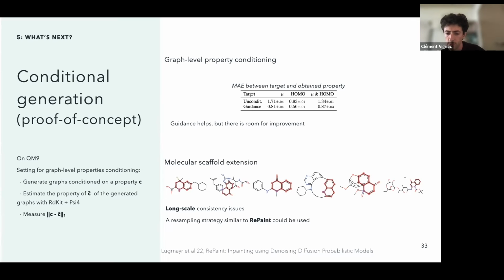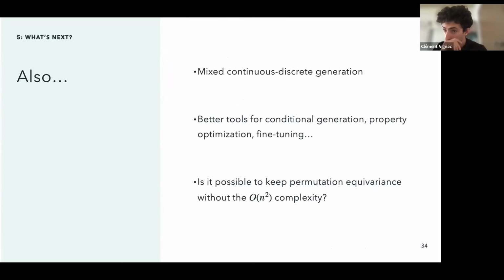It doesn't look like very realistic molecules. A similar thing was observed for images, in fact, in a paper called Repaint. In this paper, they found a good solution based on resampling. So probably, if you want to do good subgraph extension, you need to use this mechanism as well. And I believe that it would work.